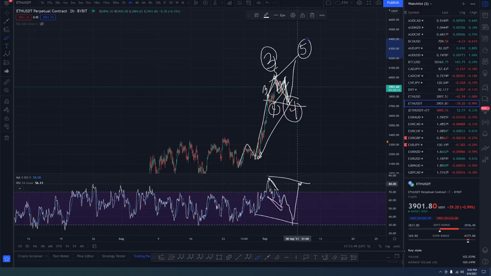And what does that mean? We're going to get a bigger short up here, down the road, if everything I've painted for you is correct.